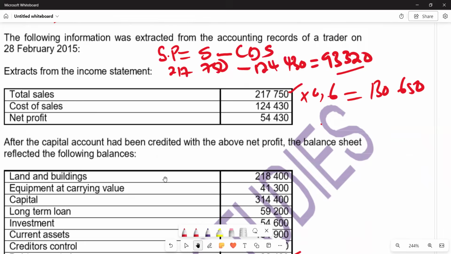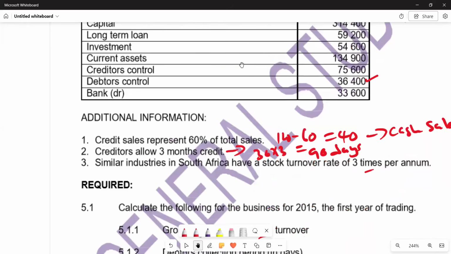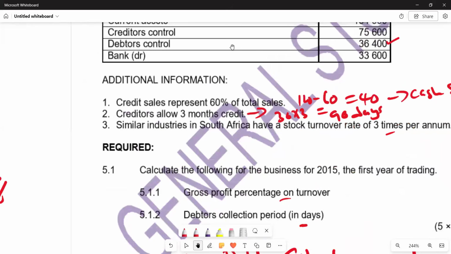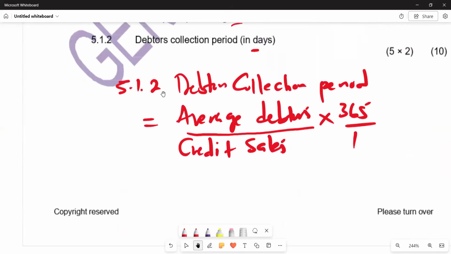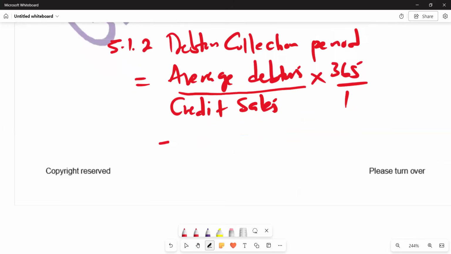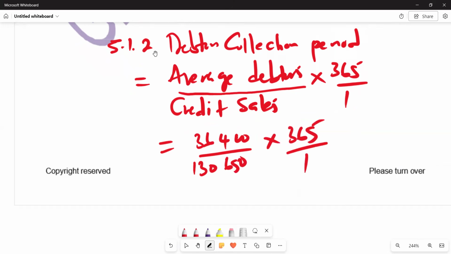So we substitute: the average debtors figure is 36,400, we divide by the credit sales figure of 130,650, and we multiply by 365, which is 365 days in a year.